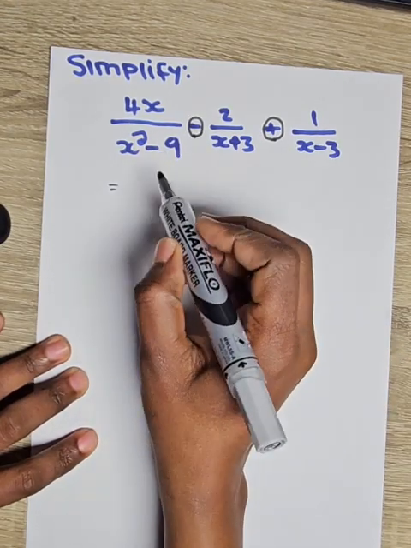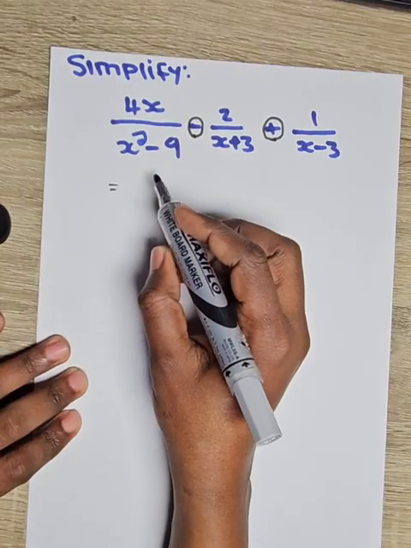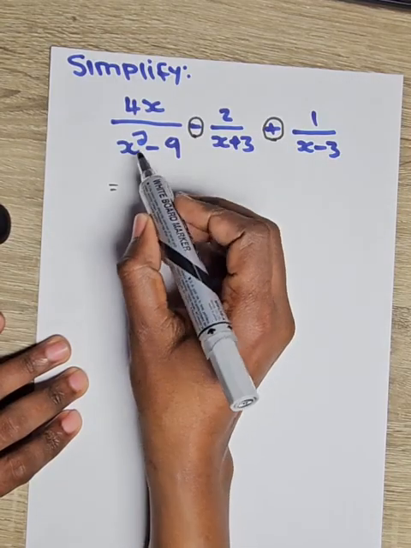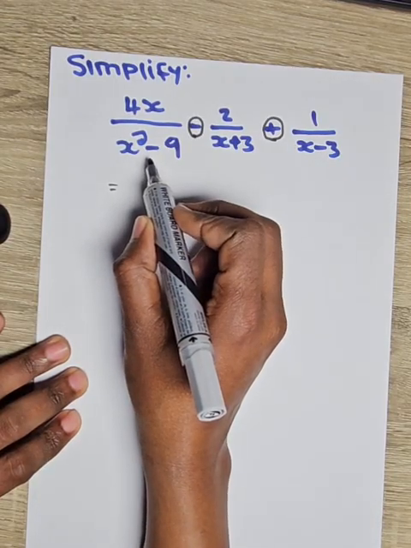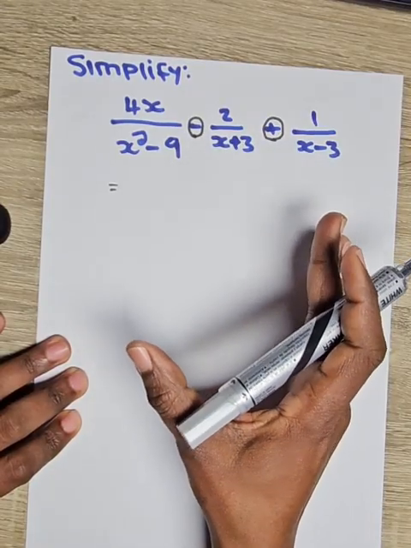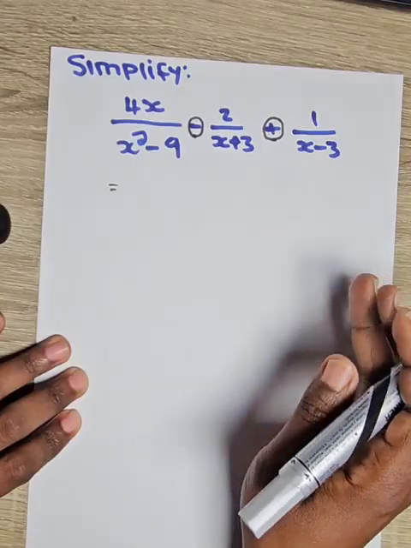We will start with 4x over x squared minus 9. How are we going to make this one term? Each term must be simplified separately.